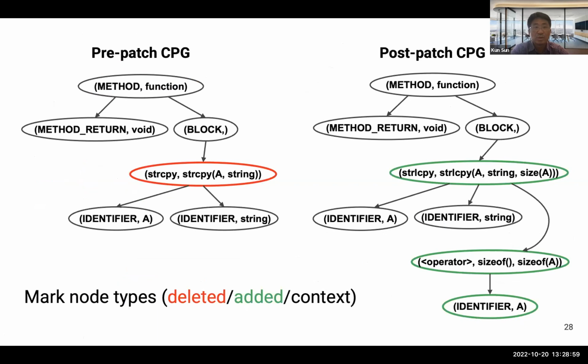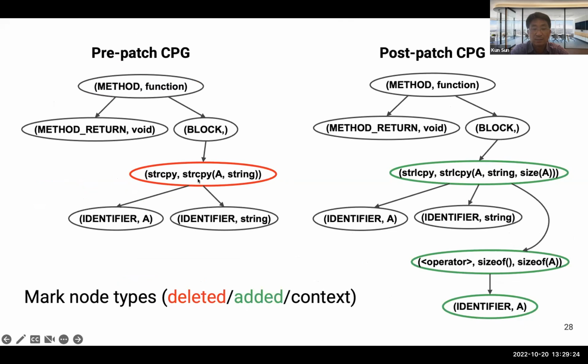So next, we mark those nodes with three different types. Each node could be a deleted node, a newly added node, or a context node, meaning it will not be changed. It will show up in both the pre-patch CPG and post-patch CPG.